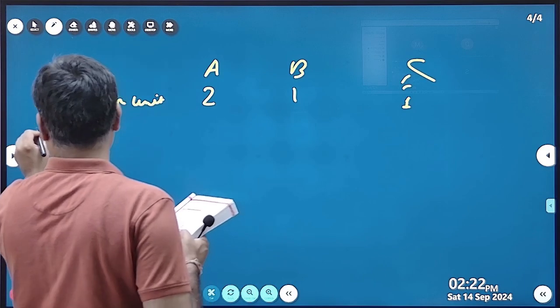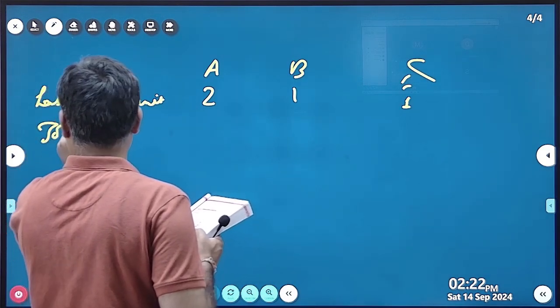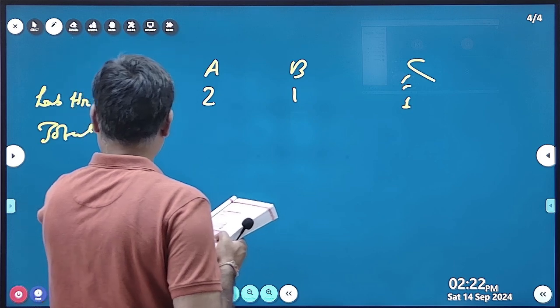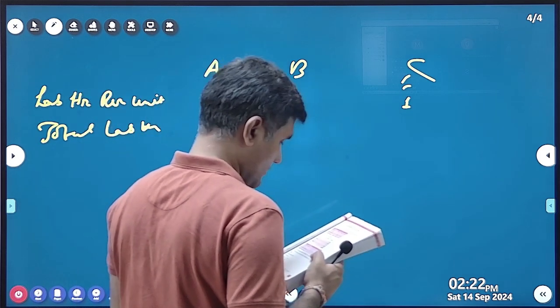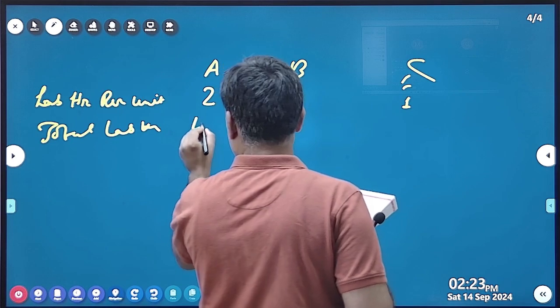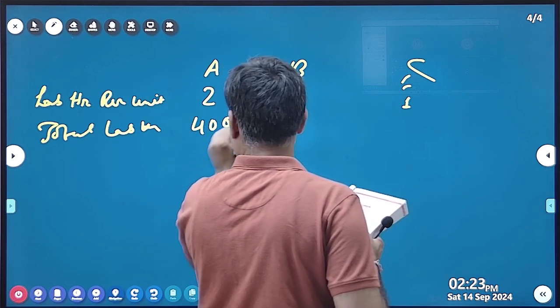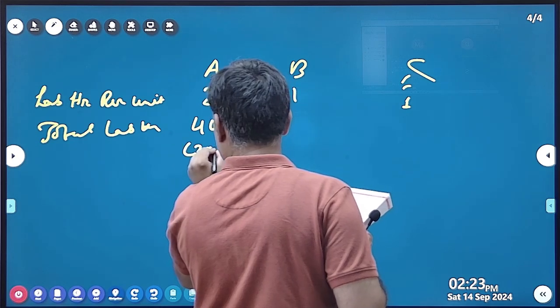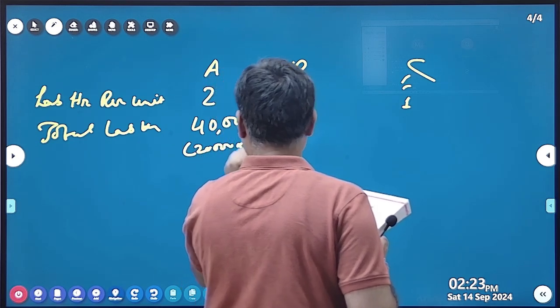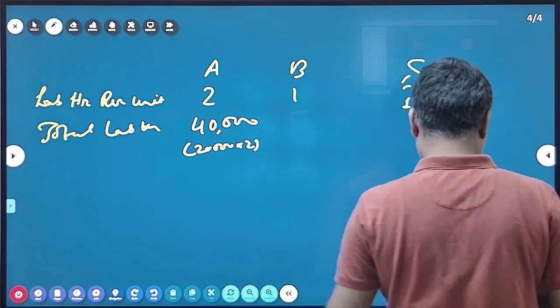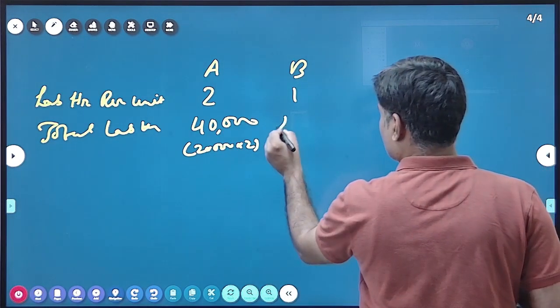So total labor hour is 40,000. 20,000 into 2, it will be 25,000.